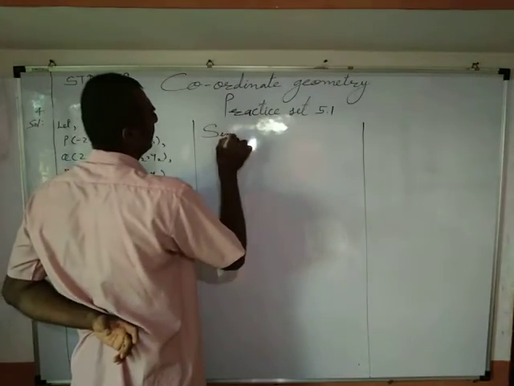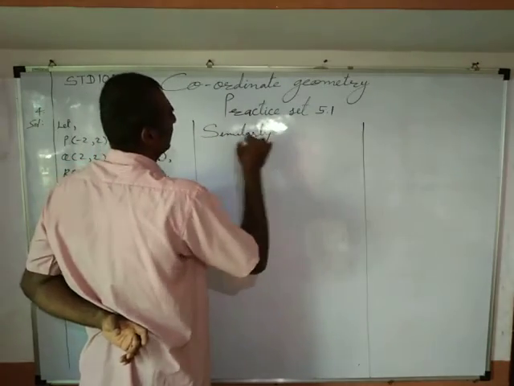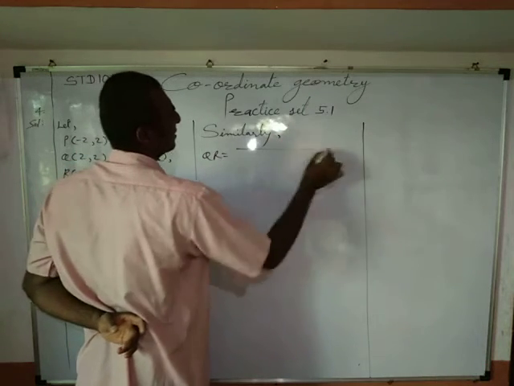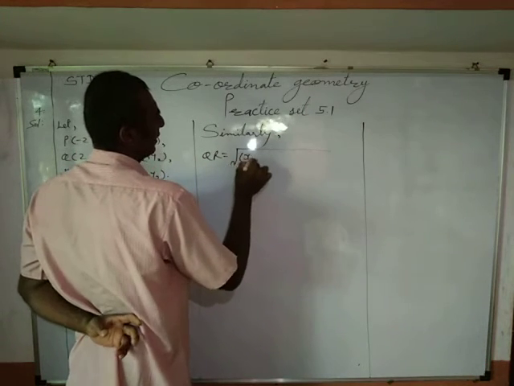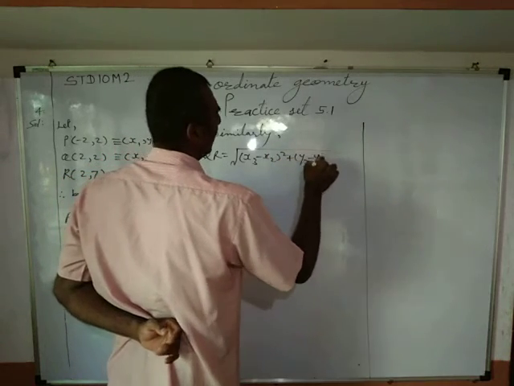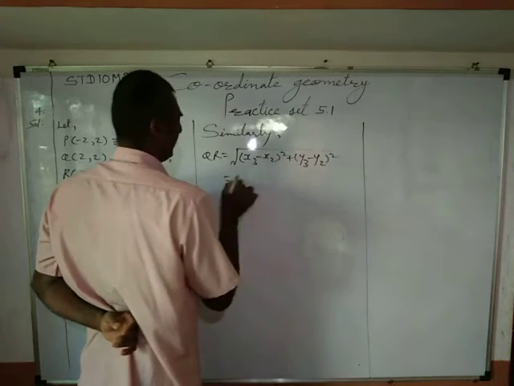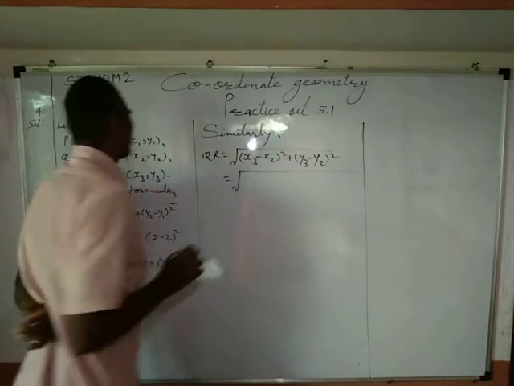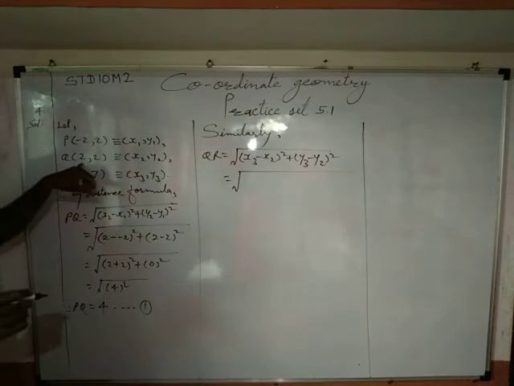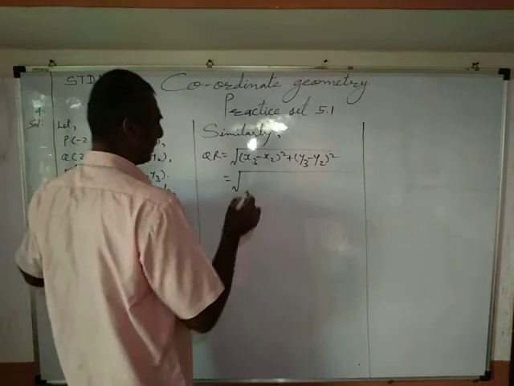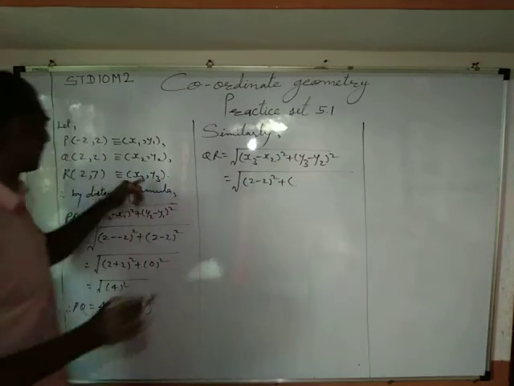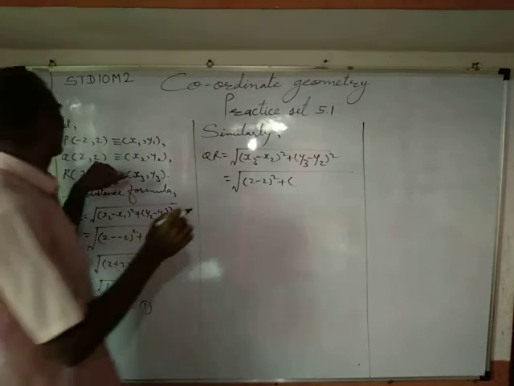Similarly, QR equals under root (x3 minus x2) bracket square plus (y3 minus y2) bracket square, equals under root, value of x3 is 2 and value of x2 is again 2. That's why it will be 2 minus 2 its square plus value of y3 is 7 and value of y2 is 2.